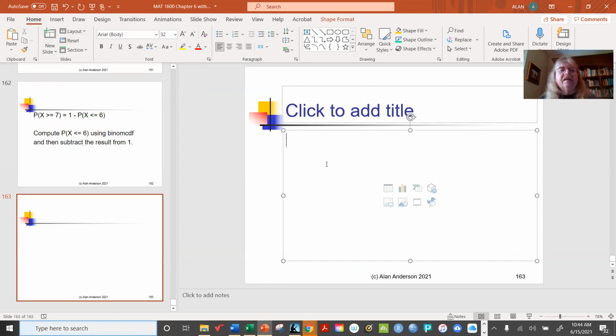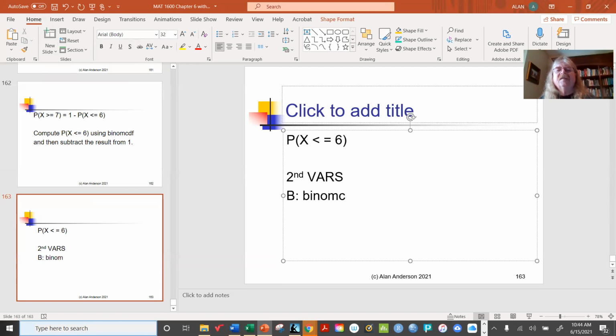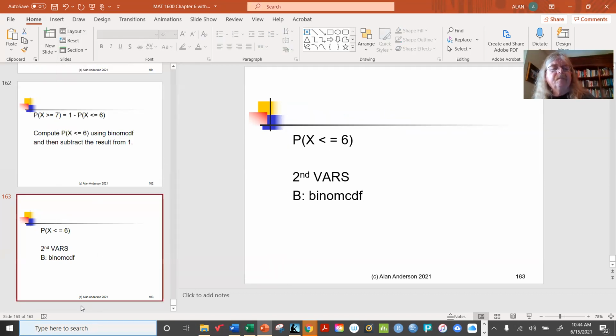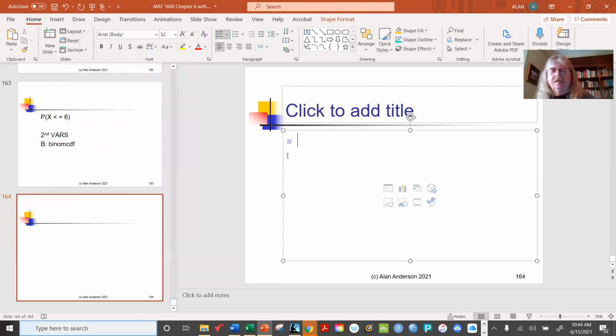So to get less than or equal to 6, we'll do second vars, binom CDF. Okay, when we get there, of course, we're already familiar with this one. We're asked for trials, which is 10 coin flips.